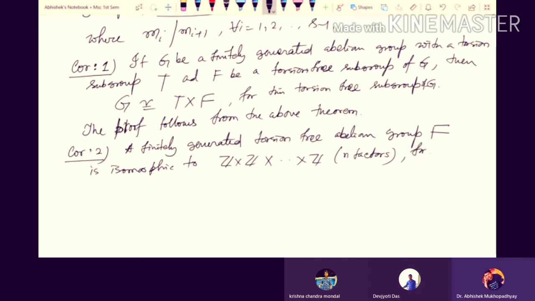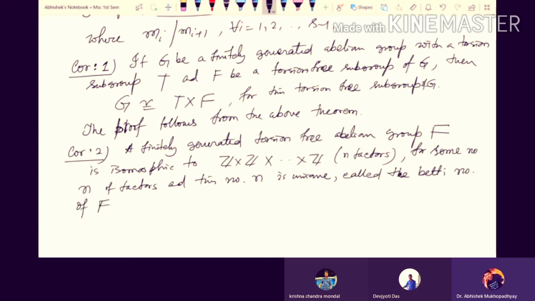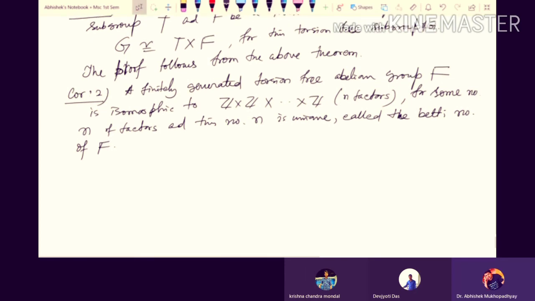So for some number n of factors, and this number n is unique, it is called the Betti number of the group F, of a finitely generated torsion-free abelian group F.